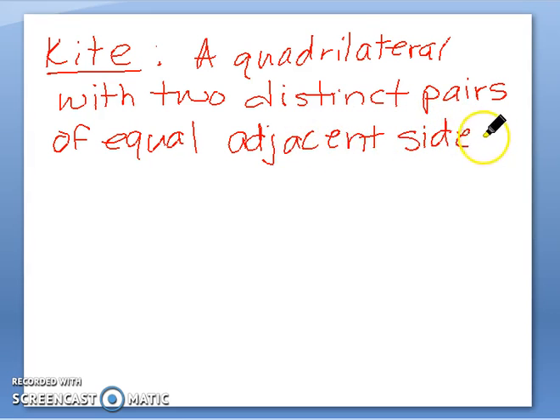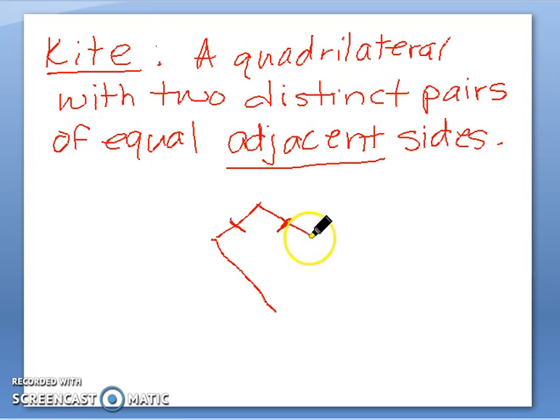Now the key here is that the adjacent sides are the ones that are congruent. So when we draw our kite, here's the top part of my kite, these two adjacent sides are going to be congruent. And then these two at the end are generally different lengths, and that makes those two adjacent. So a quadrilateral with two distinct pairs of equal adjacent sides. Here's the first distinct pair. Here's the second distinct pair.